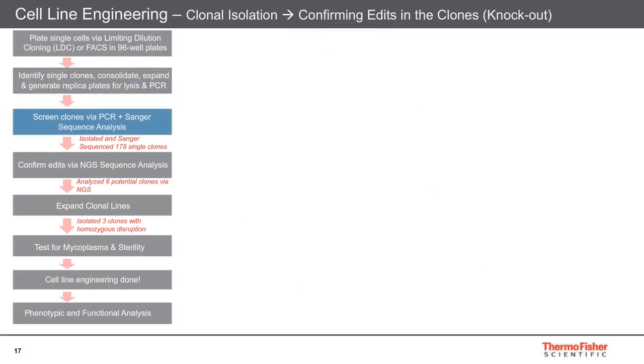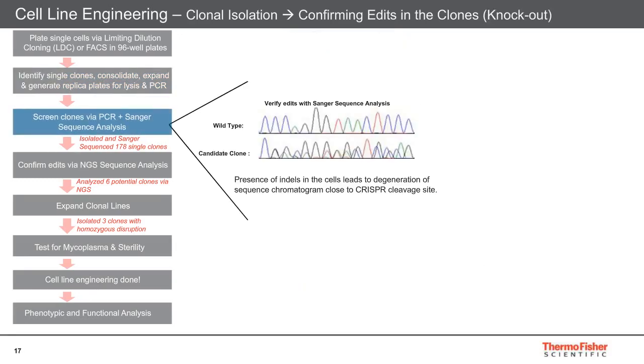So the next step is a simple, easy Sanger sequencing based screen to identify clones whose DNA has some kind of indel events, which are easily visualized on a Sanger sequencing chromatogram by degeneration of those peaks, which I am highlighting here.